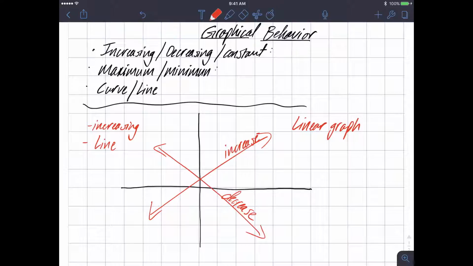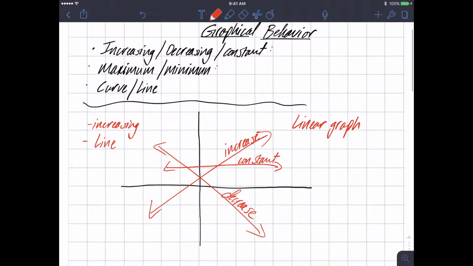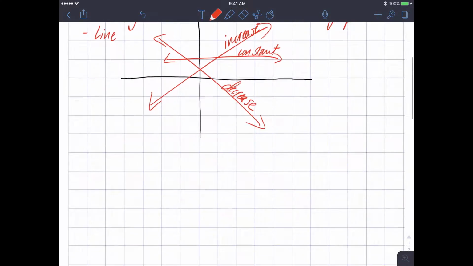And a graph that is constant is basically a straight line. That would cover all three of those: increasing, decreasing, or constant. And a linear graph can be either of the three. So let's look at a different kind of function family.